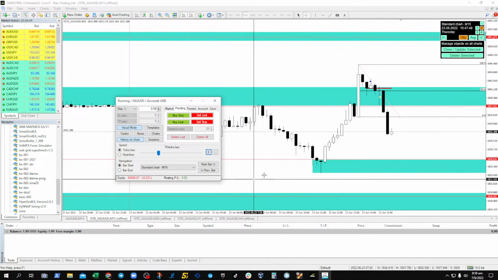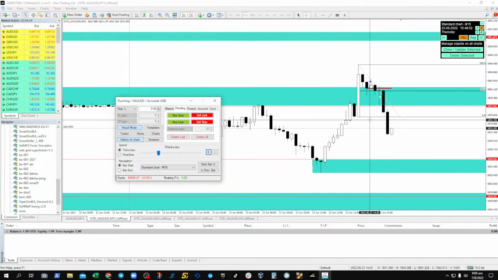Can I take a sell here? This is a breakout structure.